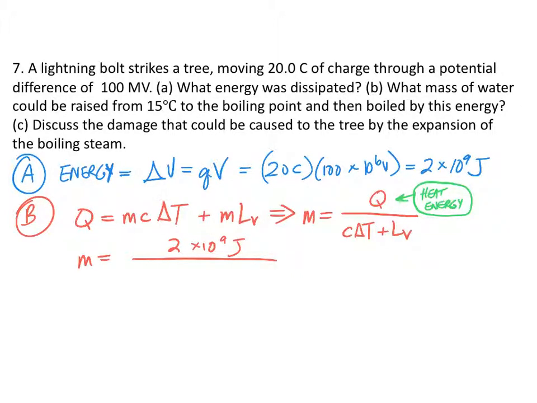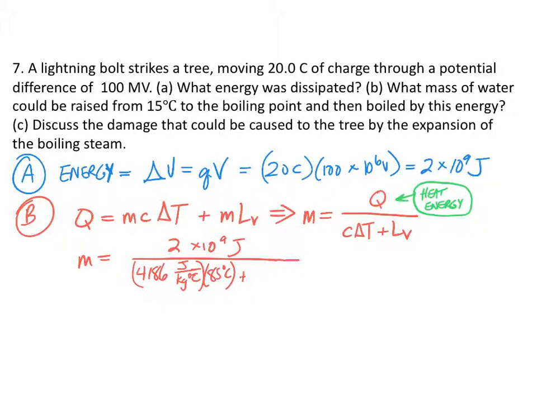All right. So we have that in the top. Then we have 4186 joules per kilogram degree Celsius. So we use C for Celsius and C for coulombs. So times the 85 degrees Celsius, because that's the change in temperature, going from 15 to 100 Celsius, that's the boiling point, all right?